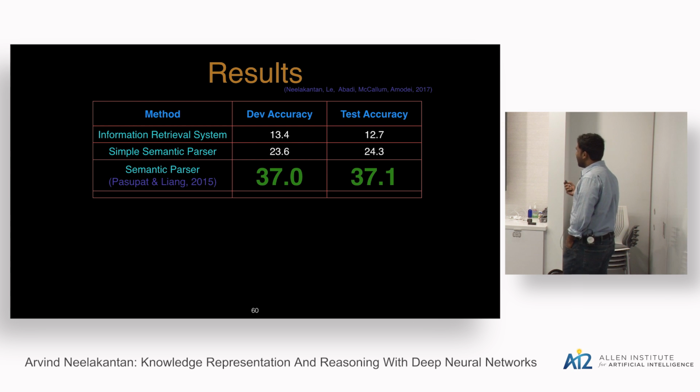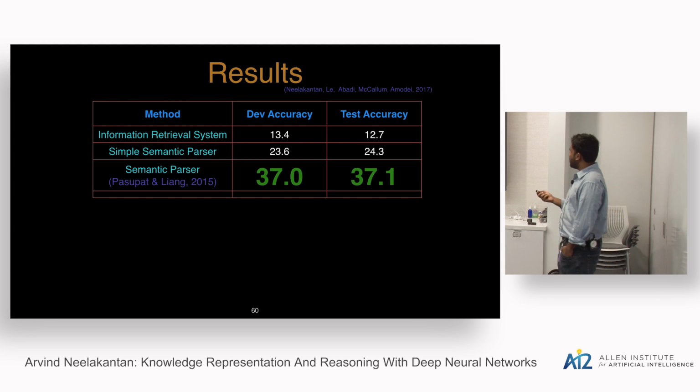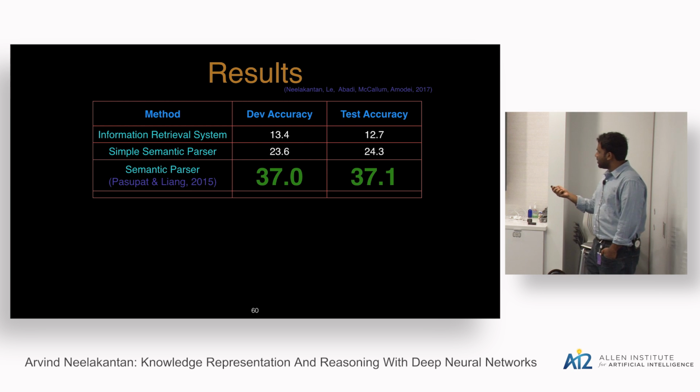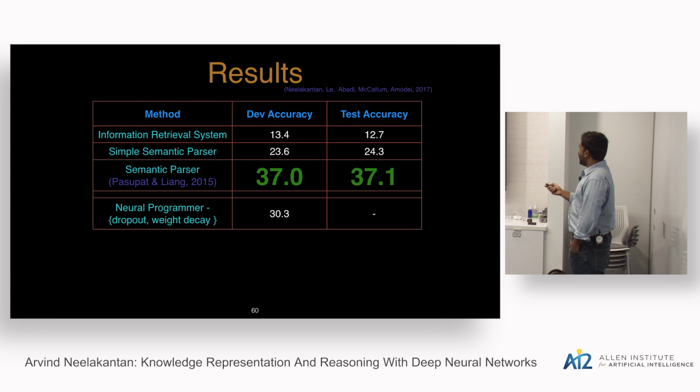So these are results from the paper where they created the data set. I think the state-of-the-art semantic parser, and I think this is still the state of the art, gets 37%. Luke was telling me there's a recent paper from Jayant and Matt Gardner that is beating the numbers, but I've not seen it.